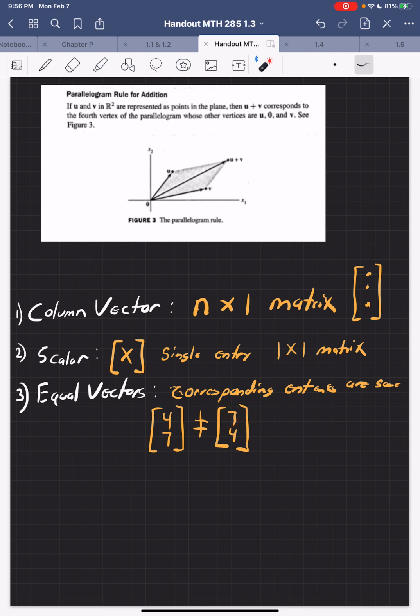Now, I want to kind of talk about the dimension for just a second. So, if you are in 2 dimensions, like a plane, we refer to that as R2. 3 dimensions is R3. Okay, so we'll just kind of keep that in mind.